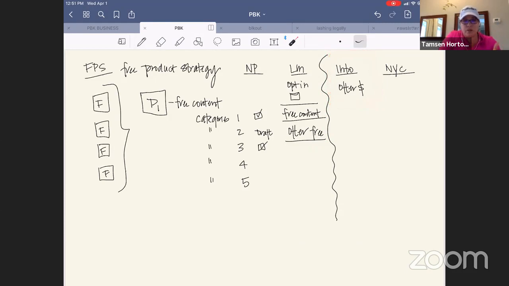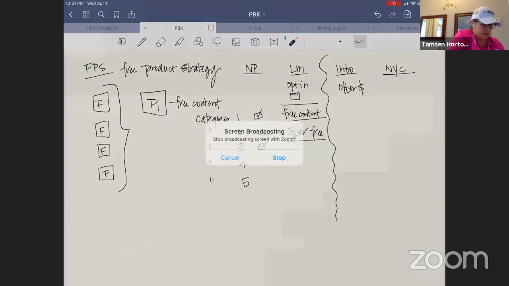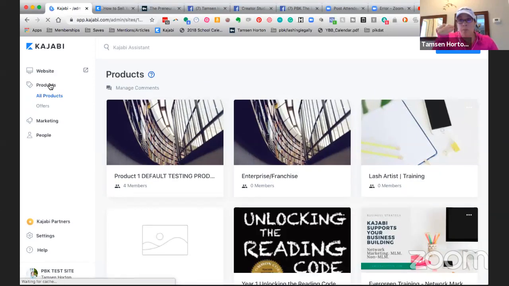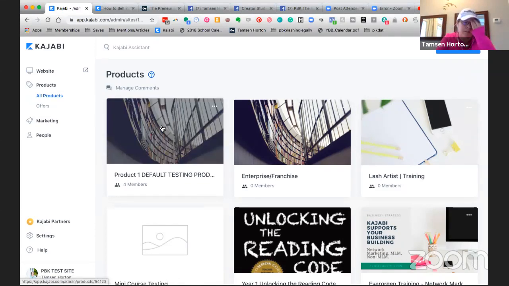So let's go into Kajabi, and I'll show you what that looks like because it'll make more sense. Okay, can you guys see Kajabi? Okay, so our product, again, that's our Lego piece or our book, whichever way makes sense for you to think about it. That can be as big as I want.